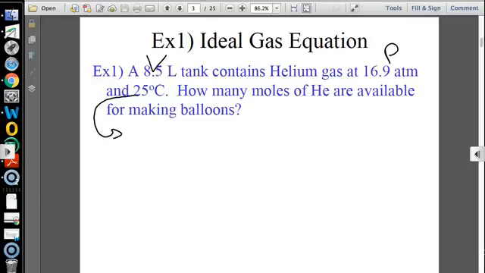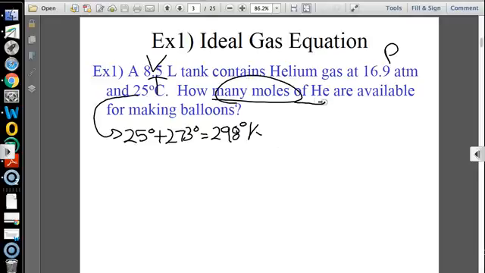And then as soon as I see Celsius, I know I can't do that, okay? So I'm going to go ahead and add the 273 for Kelvin. So that gives me 298 degrees Kelvin, and so there's my temperature. How many moles, and so I'm solving for moles, which is n, are available for making balloons.